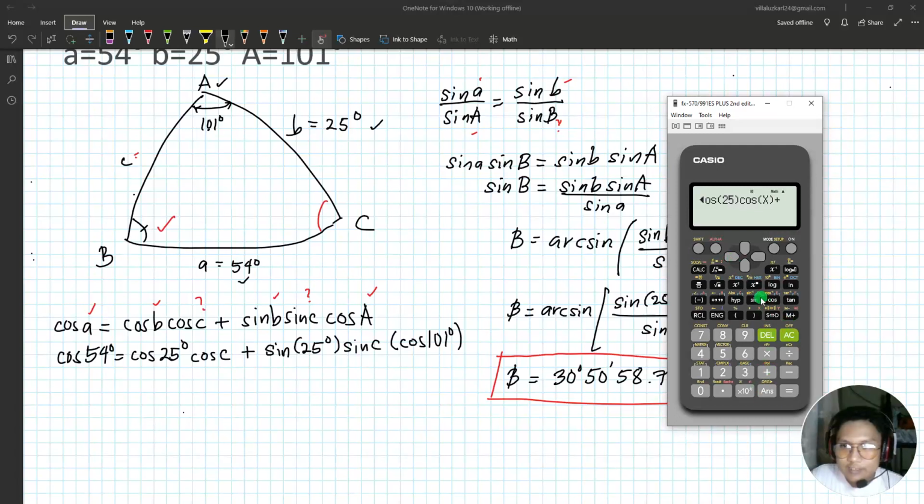Then plus sine 25, then sine X, cosine 101.